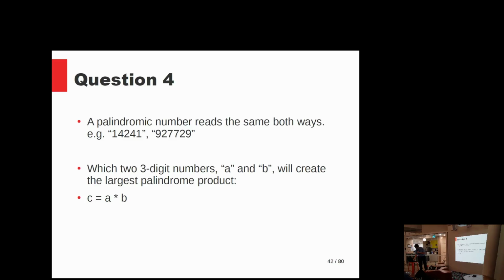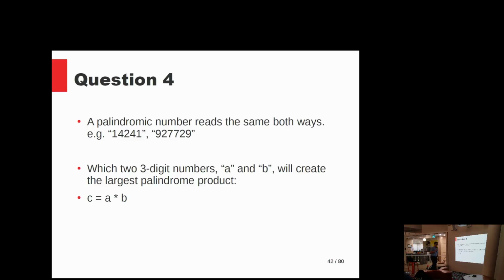Okay. So, for example, question number 4. A palindromic number is a number that is the same if you read it from left to right and right to left. You can sort of think of it as a mirror image of itself. You read from left to right or right to left, it is the same.